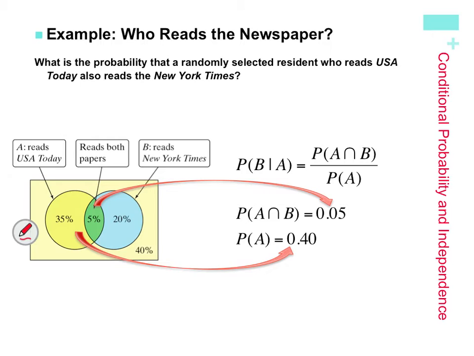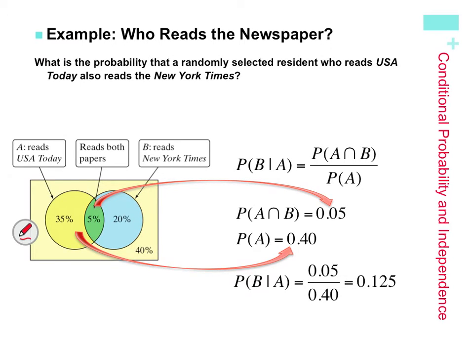That means the total of A, 0.4, goes in the denominator. The probability that they read both we know is 0.05.